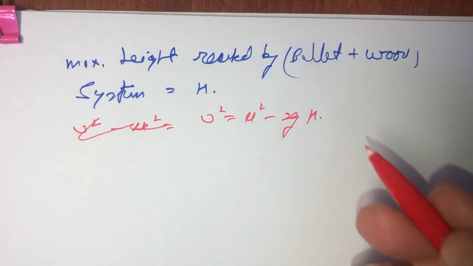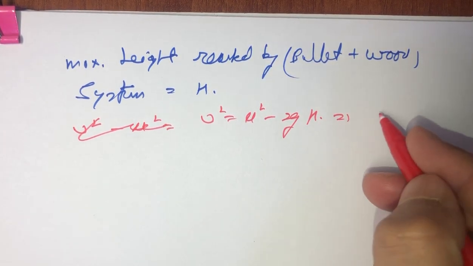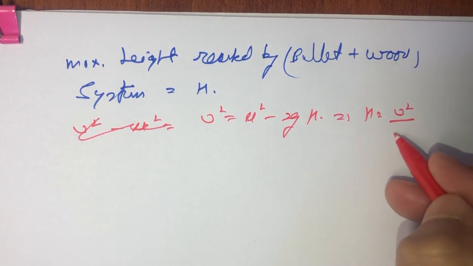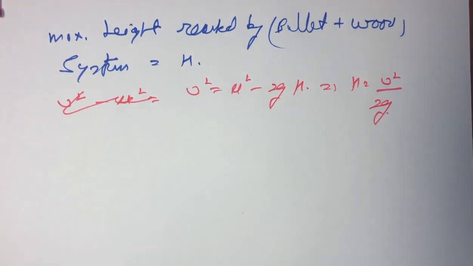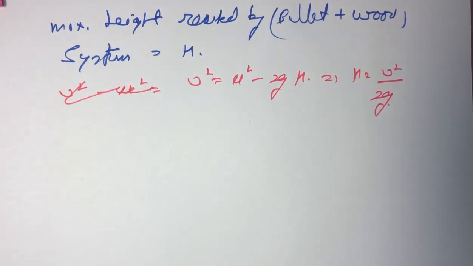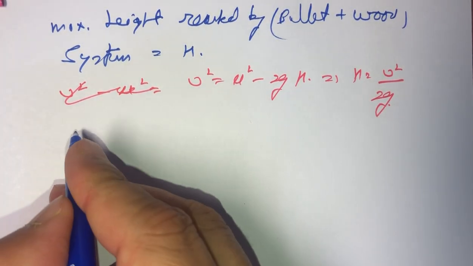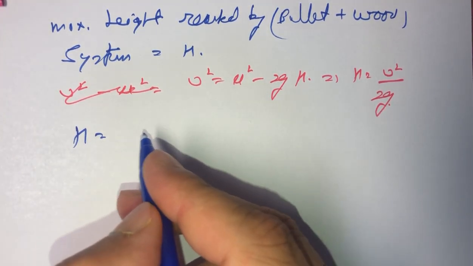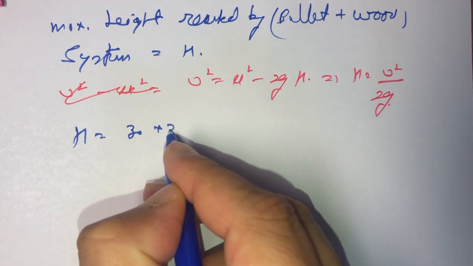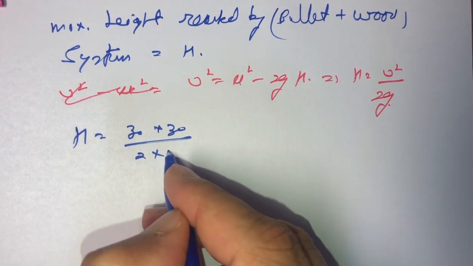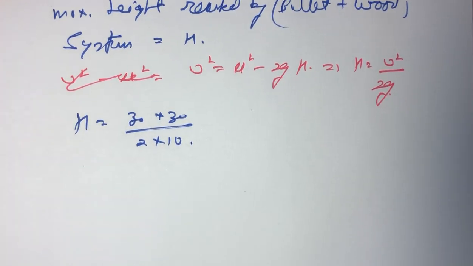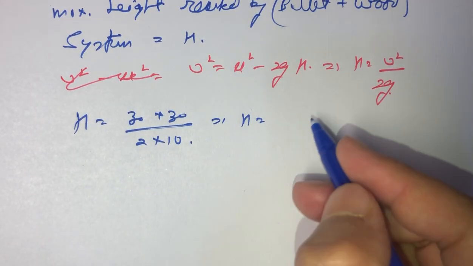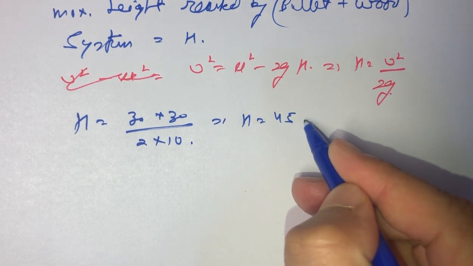From here we can find out that our h is equal to v square upon 2g. So we substitute the values. We get h is equal to, the velocity we already found out is 30, and 2 multiplied by 10. From here we get h is equal to 45 meters.